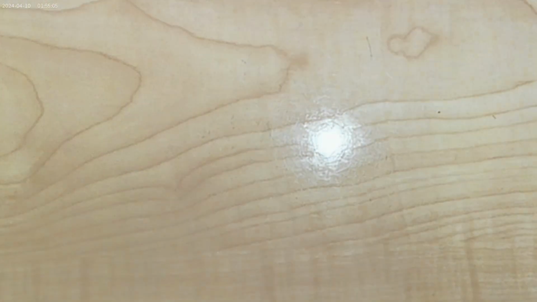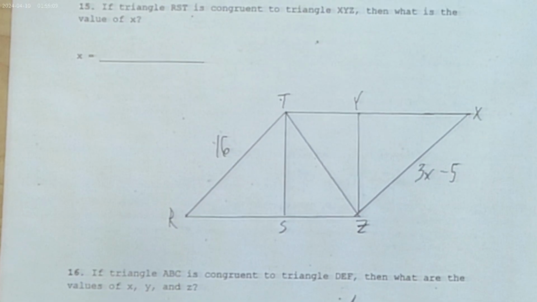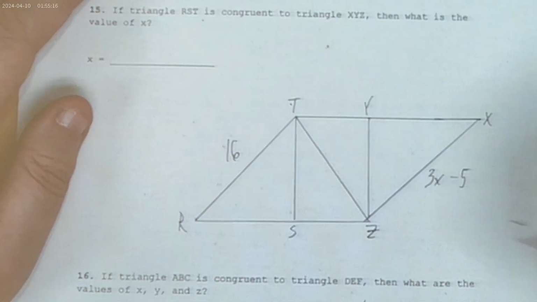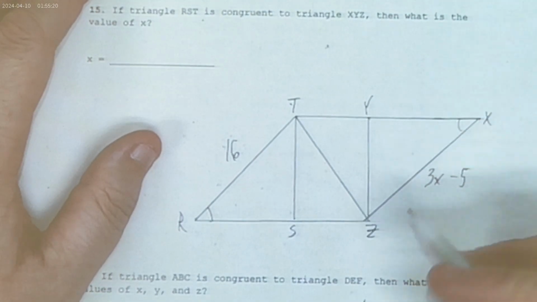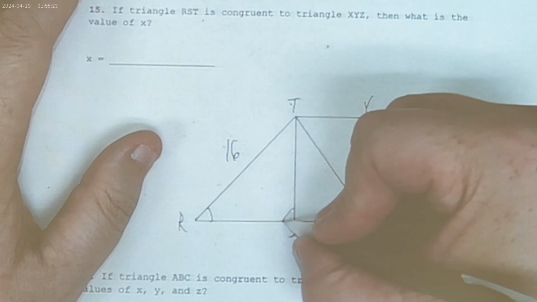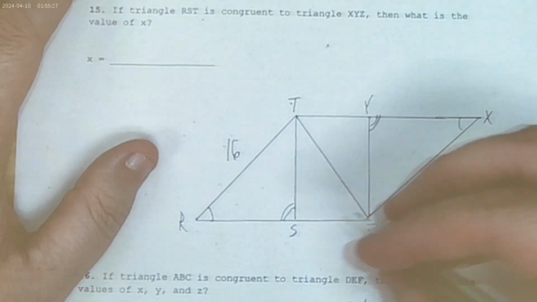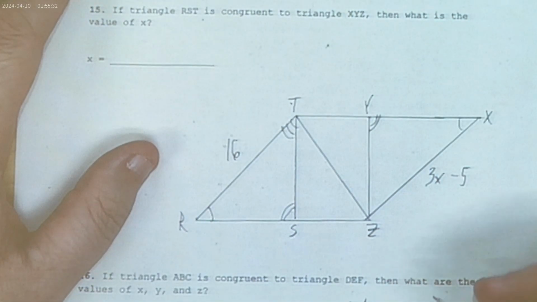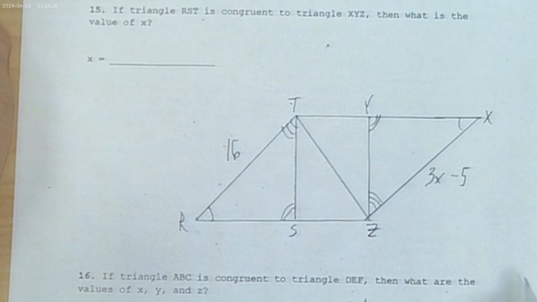All right, we've got this last little one here. We've got triangle RST congruent to triangle XYZ. What is the value of X? All right, so R is congruent to X, then S is congruent to Y, and then T is congruent to Z. What is the value of X?